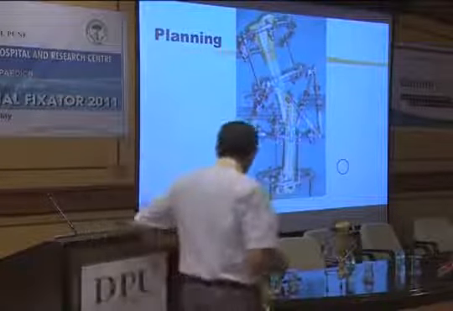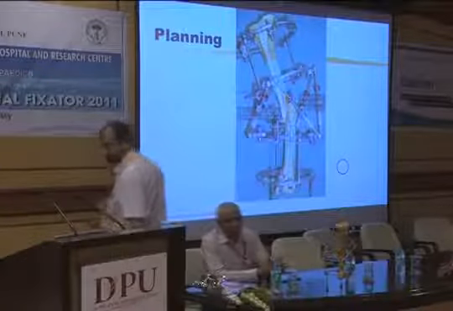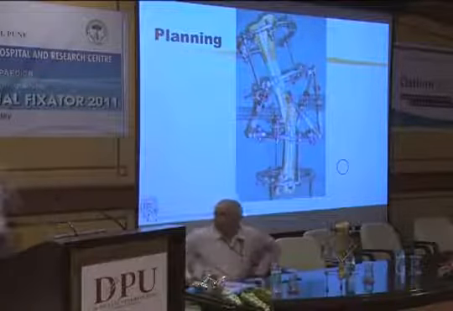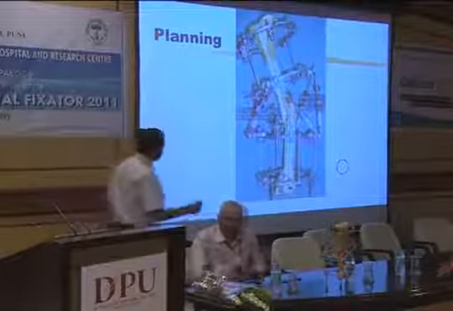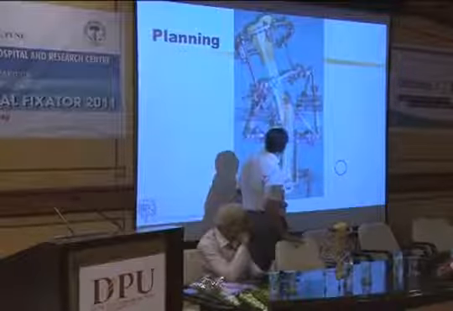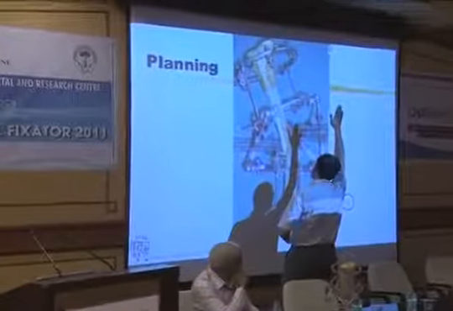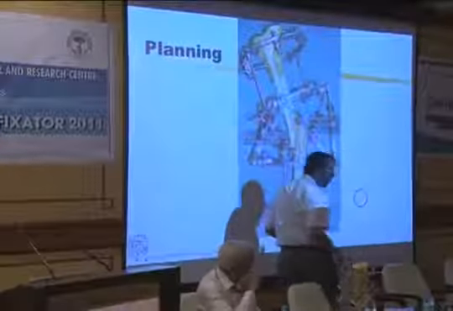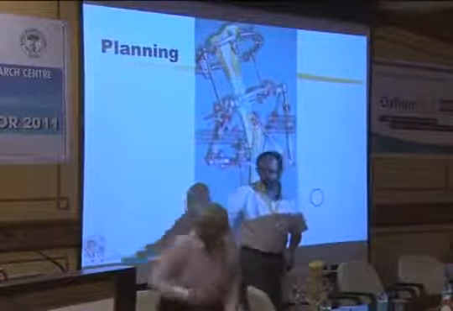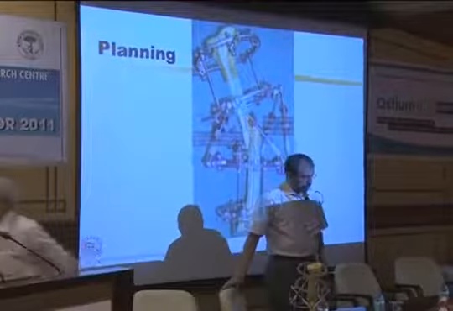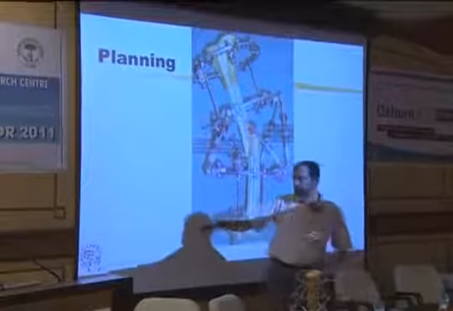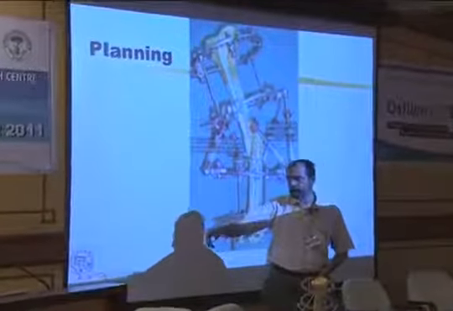Correct? Now there are 2 ways that I can move this around. One is around this CORA point. If I just move it like that, no, I have to show that. Just show me that tibia.